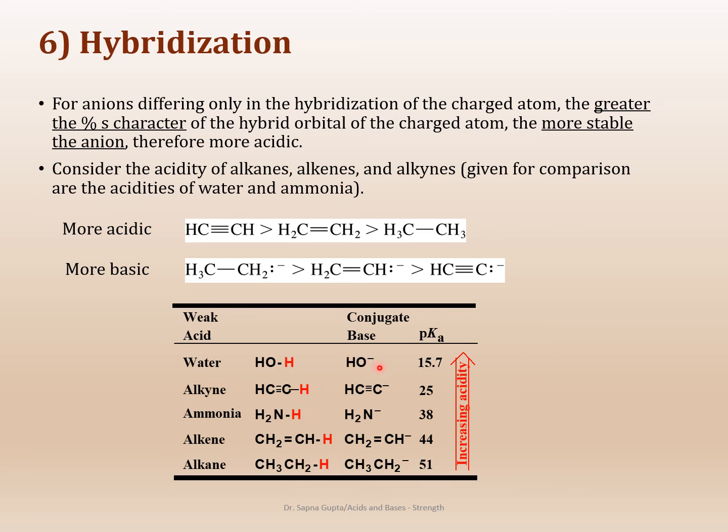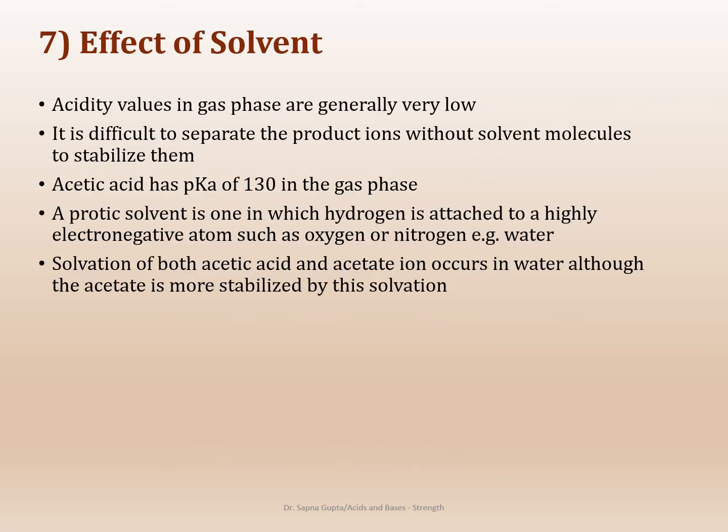And here are their pKa's. Now remember, if this is the strongest acid, it will be the weakest conjugate base. This is the weakest acid, hence it gives the strongest conjugate base. Here are the pKa's again, so you can look at them. You don't have to memorize anything, just remember the trend.